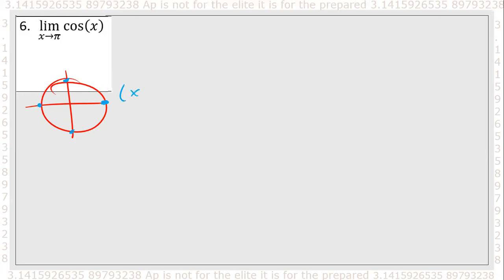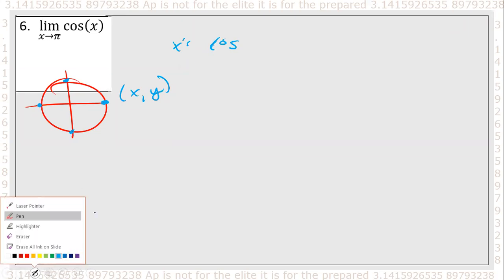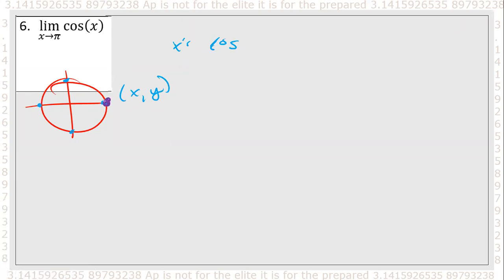This right here is x, y. And remember that our x's go with what? Sine or cosine? This is cosine. Cosines. Okay. So if I had to put a value right here, what would be this xy value from the origin right here?